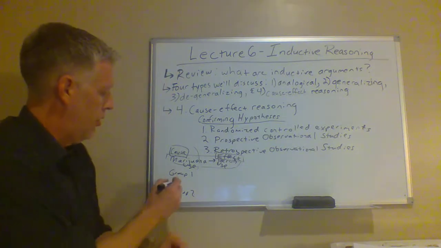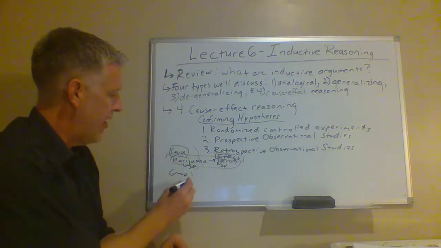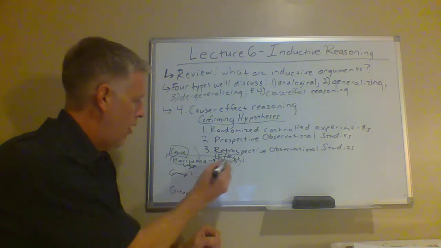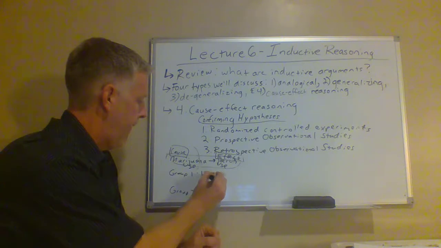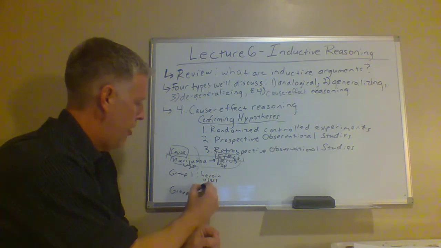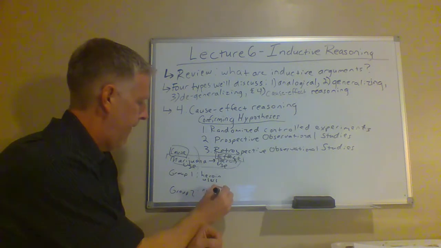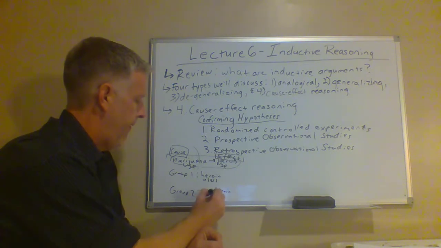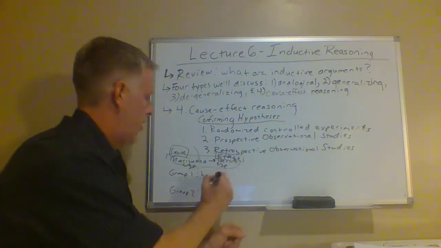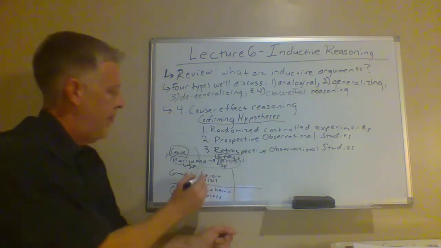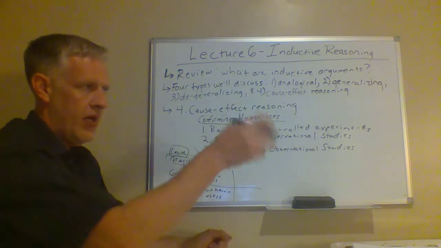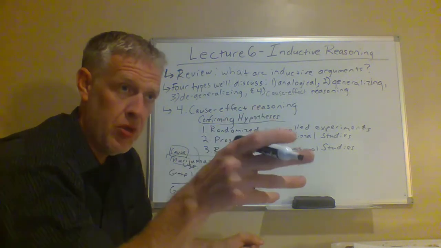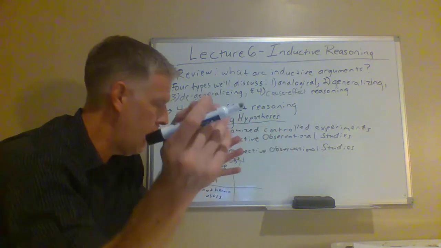So going back to our gateway drug theory example, group 1 would be people who have used heroin, and group 2 would be not heroin users. So we started with the supposed effect in this cause-effect relationship. You guys used heroin, group 1, and then group 2, you guys and gals didn't use heroin.